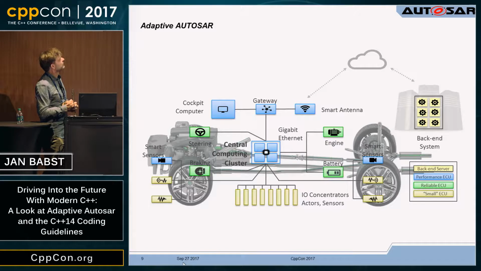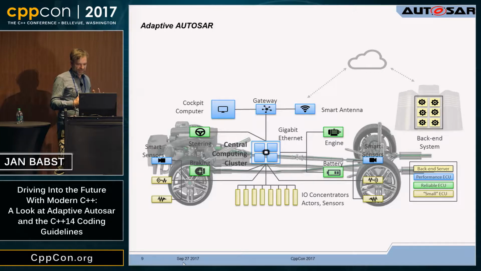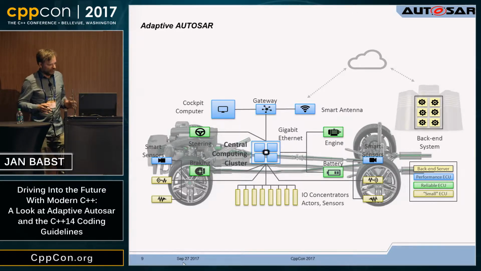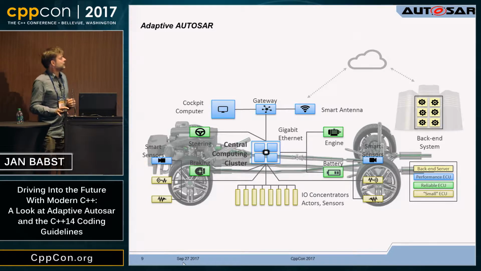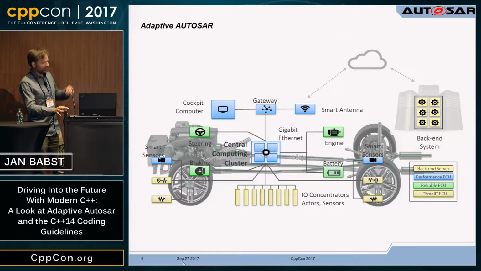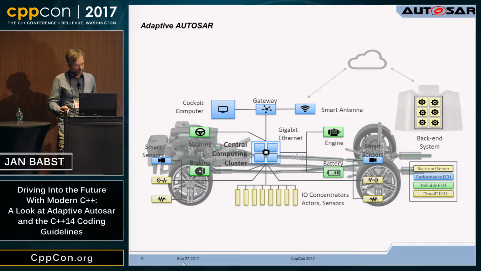There's also such functionality as update over the air. So it's a highly dynamic system, totally different from the classic Autosar, and that's what the new specification, adaptive Autosar, targets.